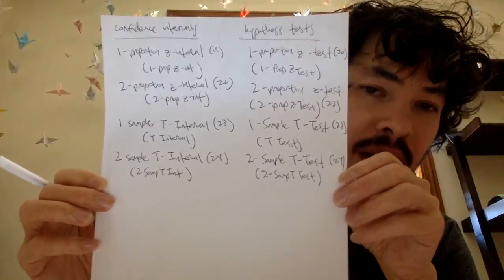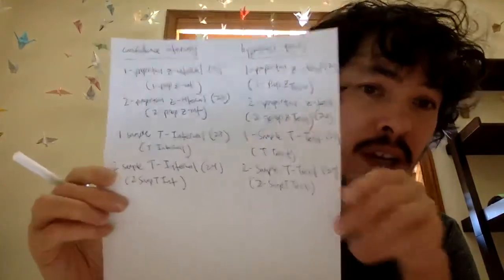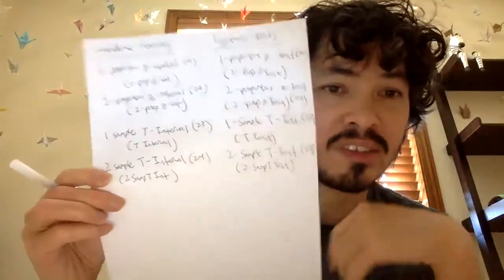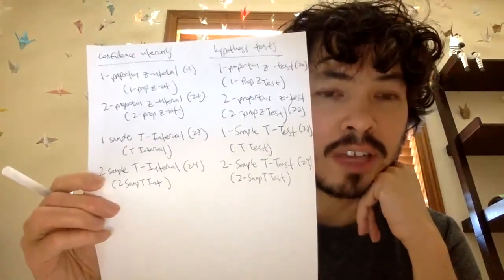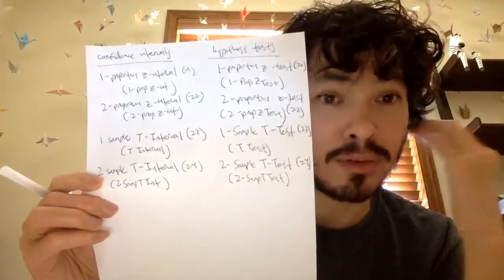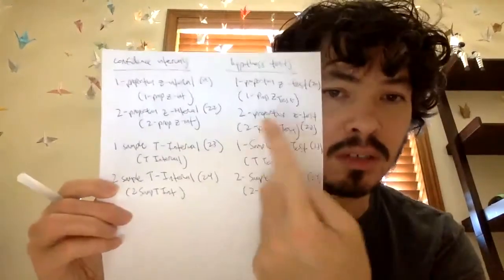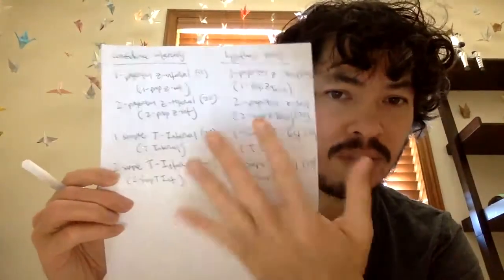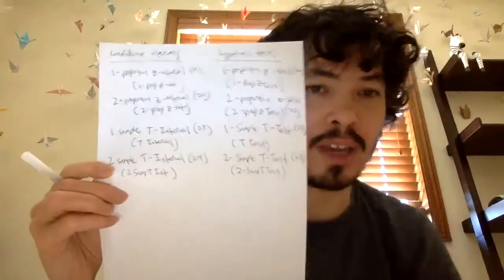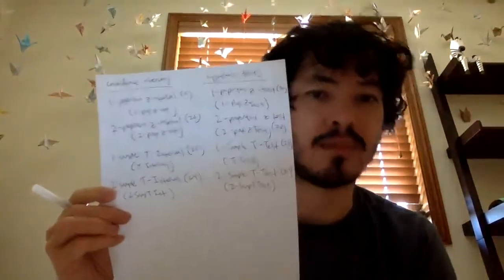So jot those down. This is going to be very helpful, all the different intervals and tests, because this year in the AP test, one of the 2 free response questions, you're going to have to do an interval or a test. And if you have them all right there with the calculator command, go to the one that you need. That'll be nice.